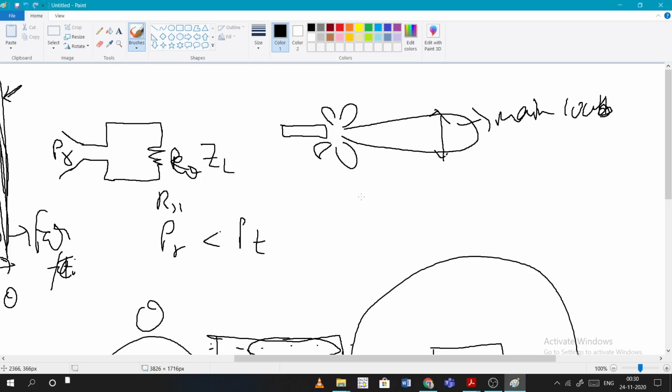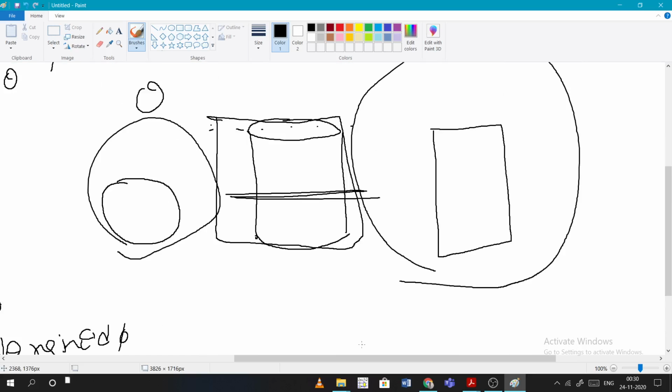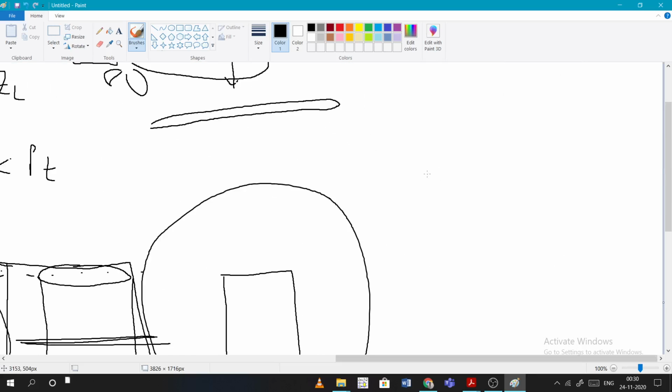How will it be when it is narrow like this? So when it is a broad main beam, then what happens? The overall power can be transmitted over a wide angular region, okay. So when the beamwidth is so wide, let us take an example like this. This is so wide, that means it can cover this much region, right?